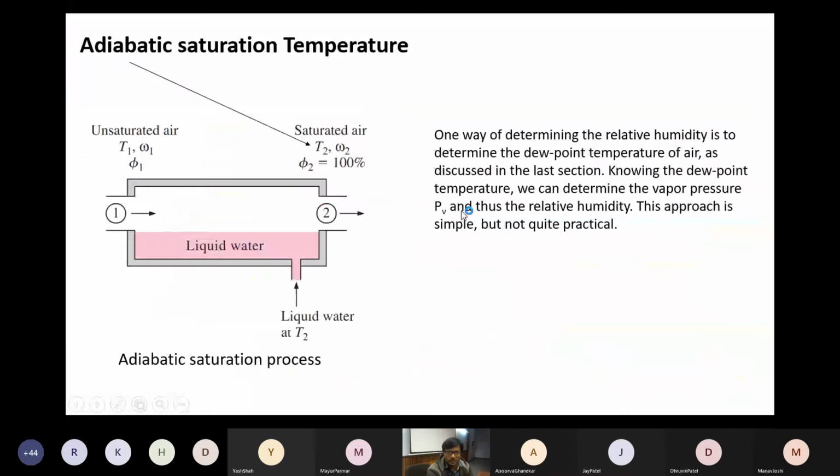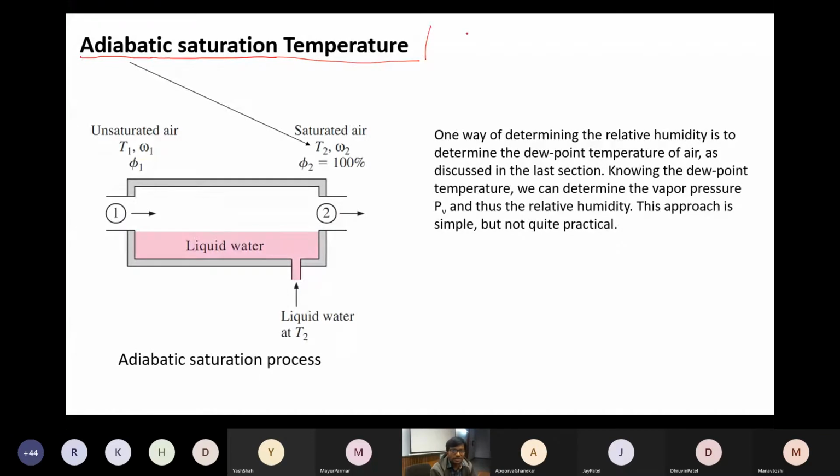We have taken one numerical problem. Today we are going to discuss a few more terminologies we will often encounter while analyzing refrigeration systems. One such keyword is adiabatic saturation temperature. We need to understand this.